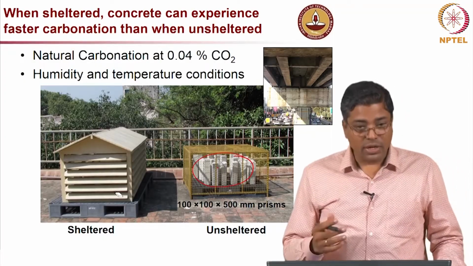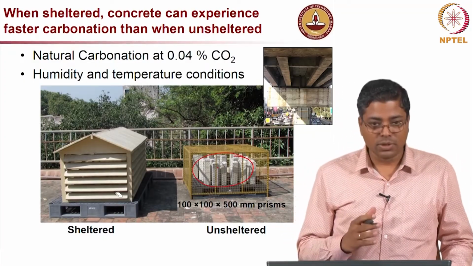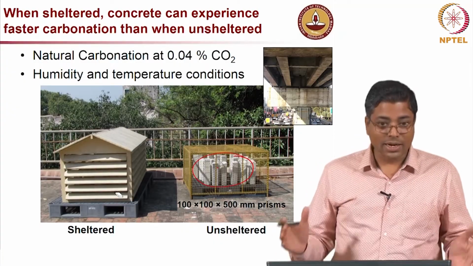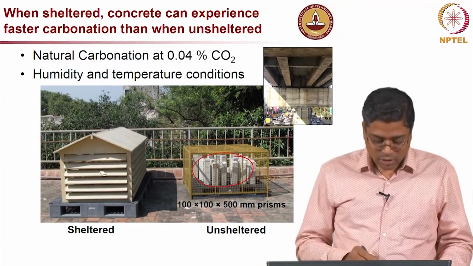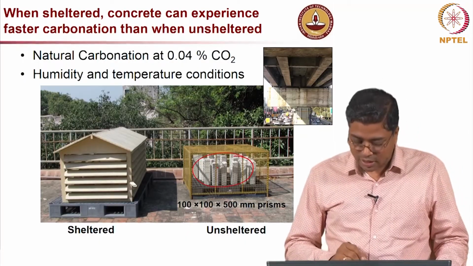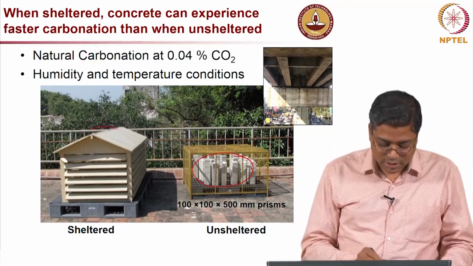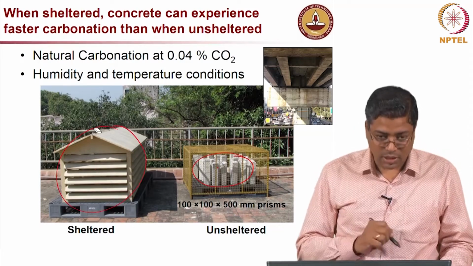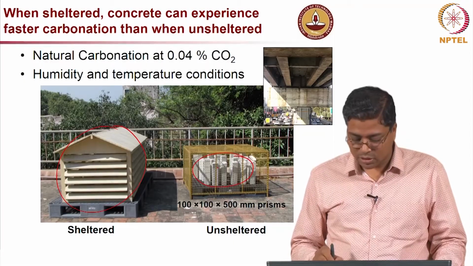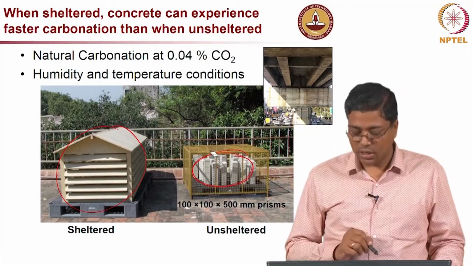And what we found is, when you have sheltered specimens, where they are not directly exposed to sunlight, you can actually have more carbonation. So, in other words, the specimens inside this shelter will have more carbonation than these specimens which are exposed directly to sunlight.